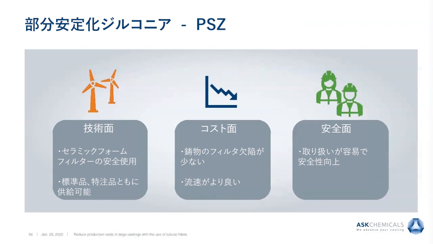For additional information, I recommend having a look at the ASK Chemicals websites, where you find some technical papers, for example on reducing production costs through the use of innovative filtration systems. Of course, we will also with pleasure support you in all questions concerning these tube filters and the housing system.